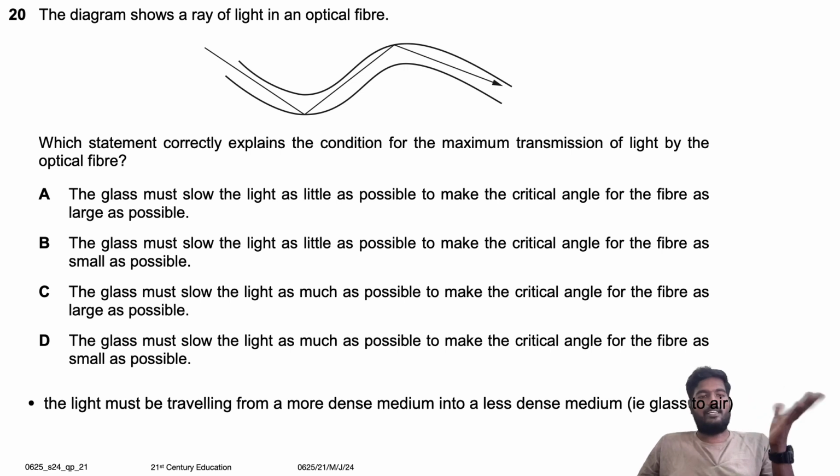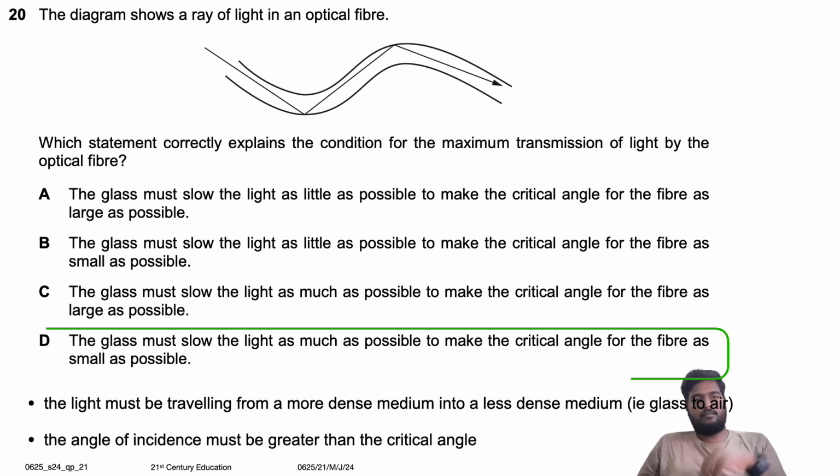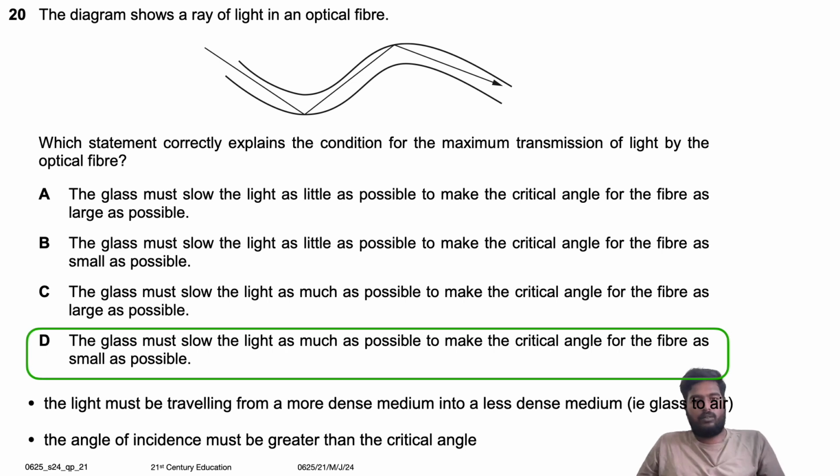That's the idea behind this. So option D. Maybe I could have written the equation here. Two equations: mu is speed in air divided by speed in that material, and is equal to 1 by sin c. So the speed should decrease in order for the critical angle to decrease.